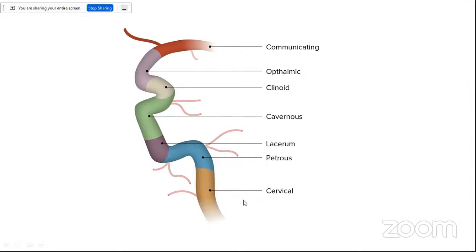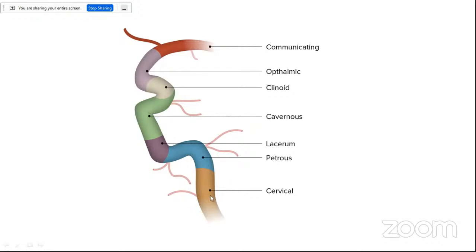If we divide the internal carotid artery into segments, we have 7 basic segments that are colored in different colors. The first segment is the cervical segment, where it passes within the cervical or neck region.